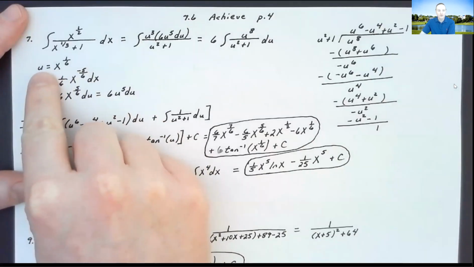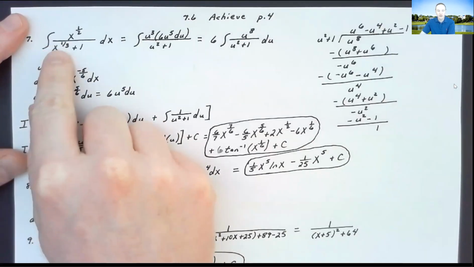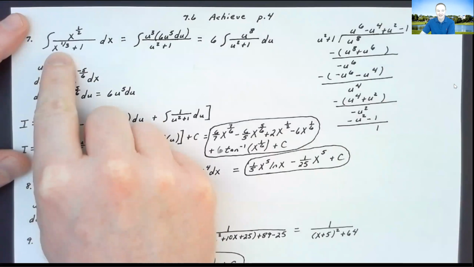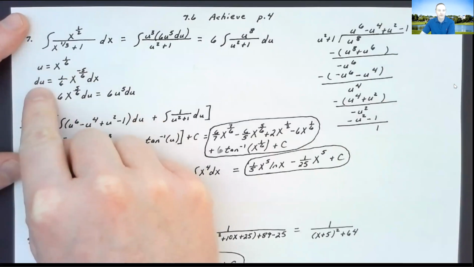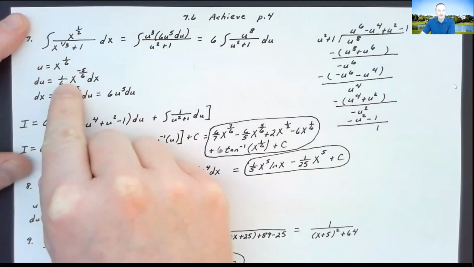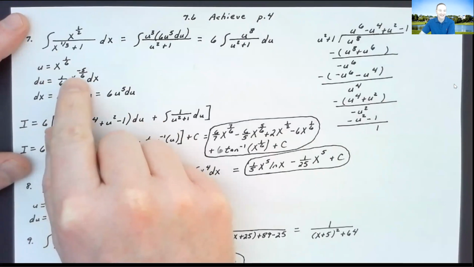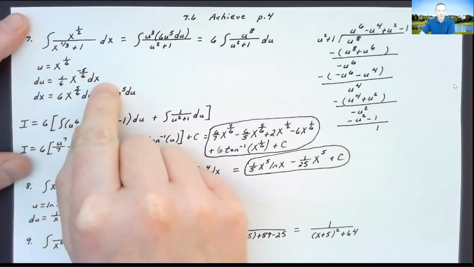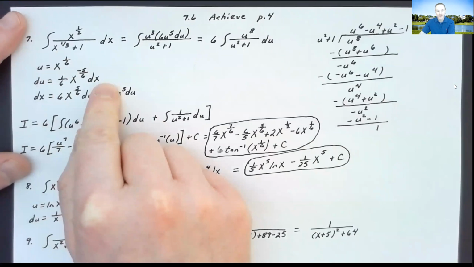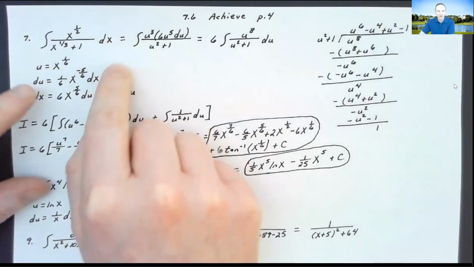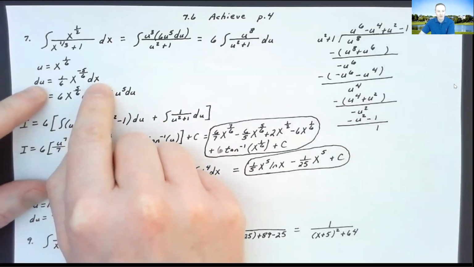So I went in and tried the u substitution. Let's let u equal x to the 1/6 power. The derivative of that is going to be 1/6 x to the -5/6 power with respect to x. Now I have a dx in there, so I solved this equation for dx.